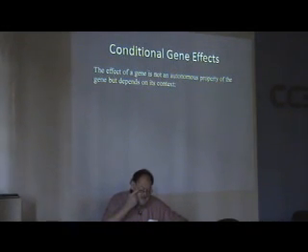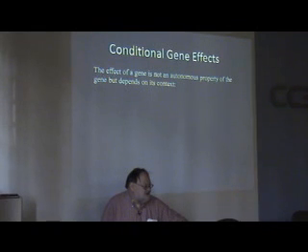So I want to stress that the effects of genes are not properties of the gene itself, but are properties of the gene in its context. You say a gene causes multiple sclerosis, and typically that allele does cause multiple sclerosis, but in some individuals carrying the allele it doesn't.